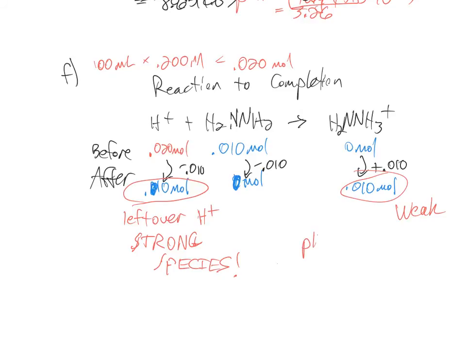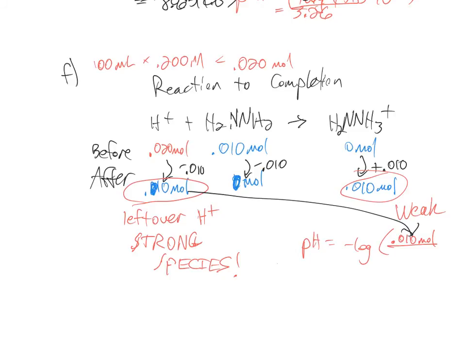So to get pH, all we need to do is take the negative log of the hydrogen concentration as contributed by the strong acid. We'll take the 0.01 moles and divide it by the total volume at this point. In part F, we've added 100 milliliters to an already pre-existing 100 milliliters of the weak base.